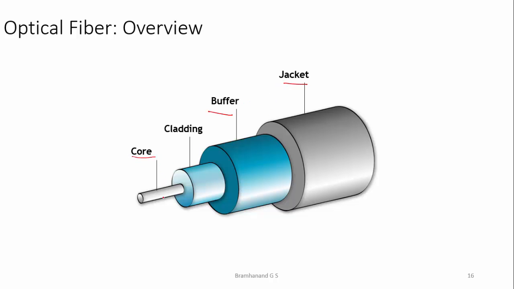Core is the most central part of my optical fiber, whose refractive index is greater than cladding. And the buffer and the jackets are put on the optical fiber to safeguard it.